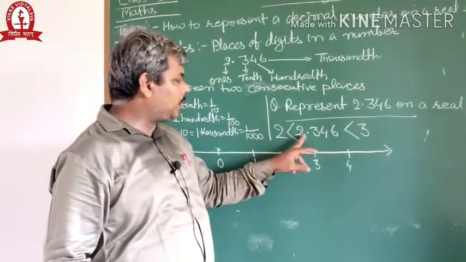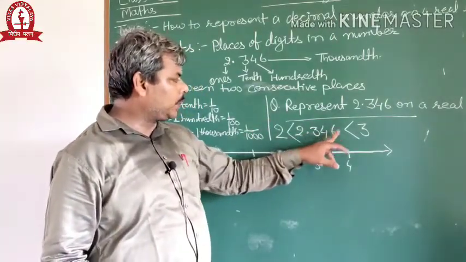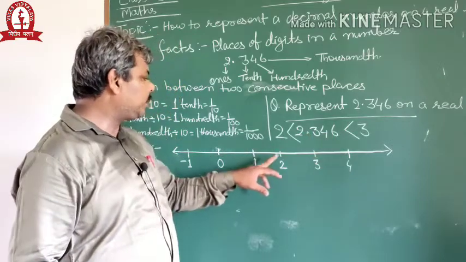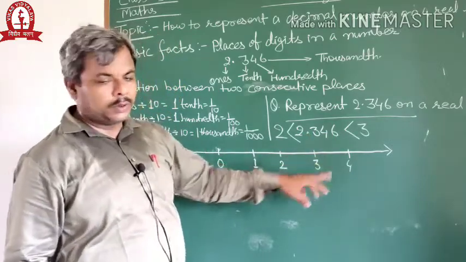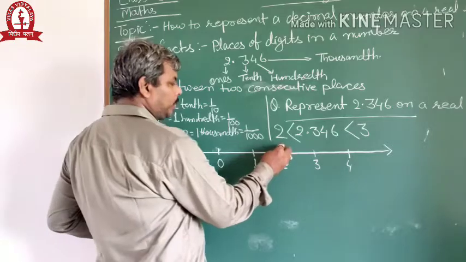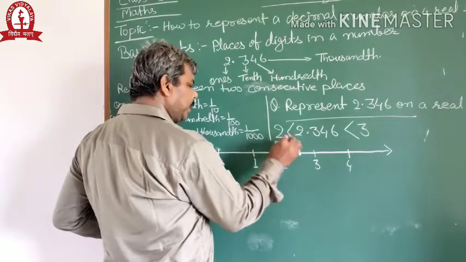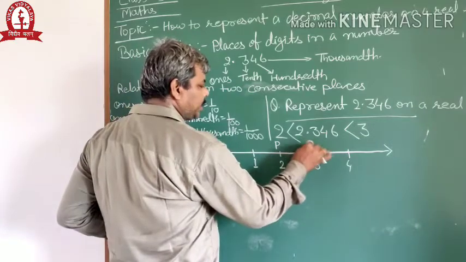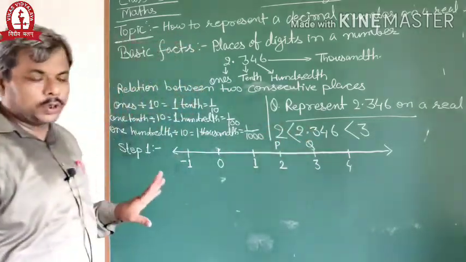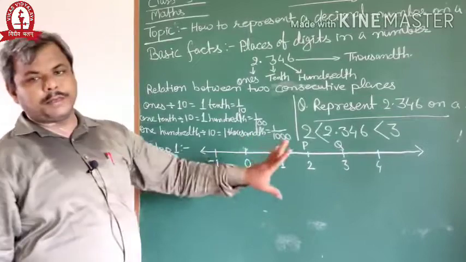The position of the number 2.346 is between 2 and 3. So we name the point which represents 2 as P and 3 as Q. Okay, this is the step first.